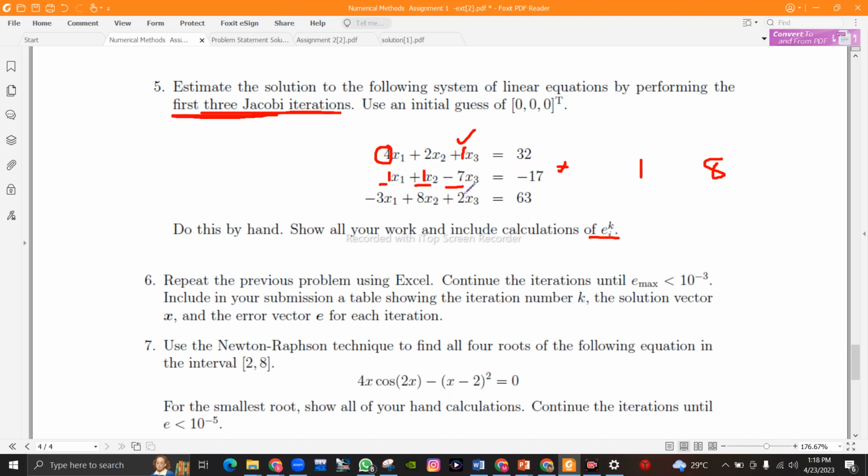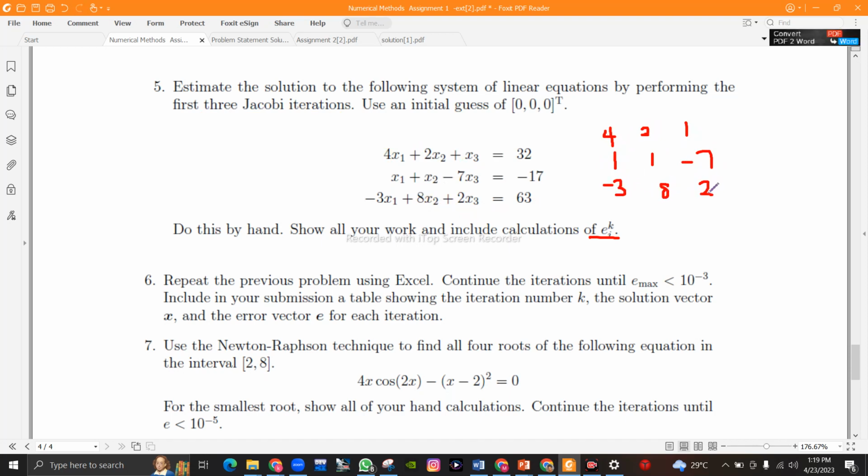What about this 2? 3 plus 8 plus 3 is 11, so it's not dominant. But you note that this other one is dominant. So we have to change this equation. The equation is like 4, 2, 1, then 1, 1, minus 7, then minus 3, 8, 2.